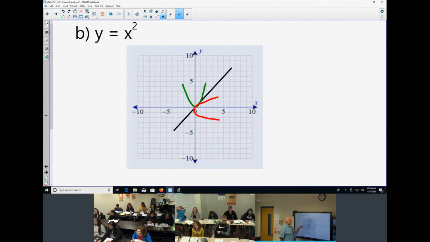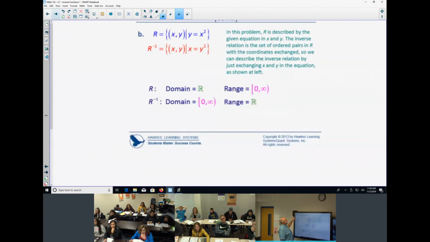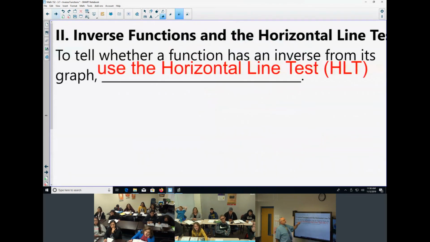Okay, so y equals x squared, that's a function. Is what we just drew the inverse? So would that red be a function? It doesn't pass the vertical line test, so it's not a function.